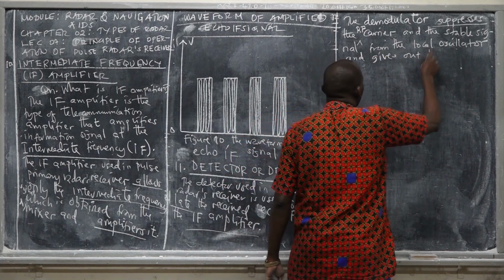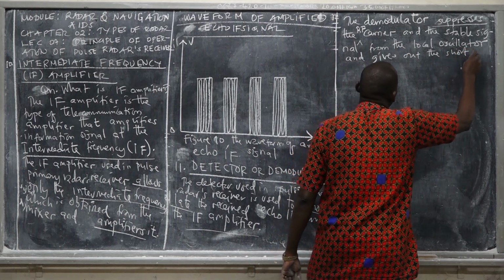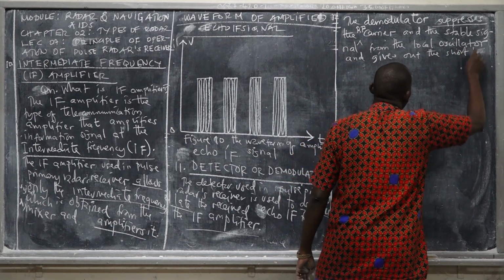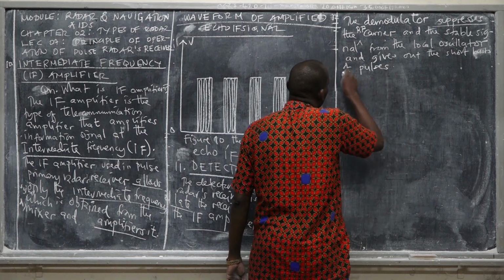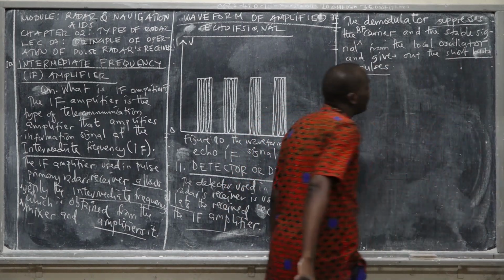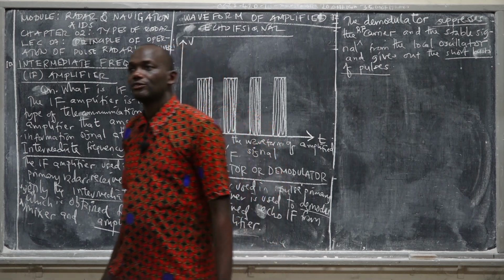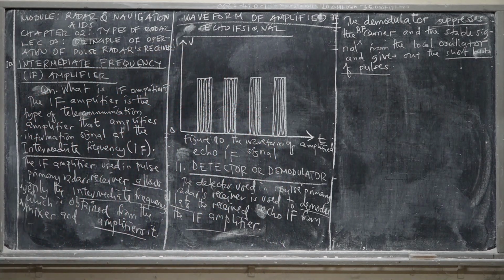Remember, the pulse generator generated only the pulse. So the output of the demodulator is what has actually been generated by the pulse modulator. This will suppress the signal from the local oscillator and also the RF carrier signal from the RF oscillator.